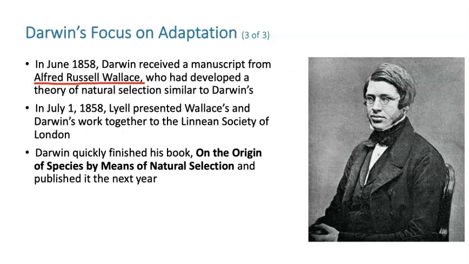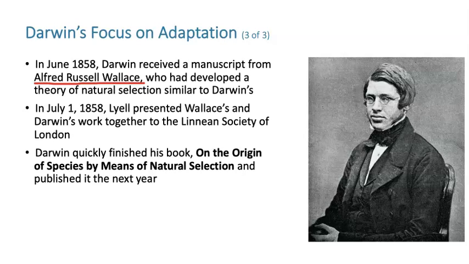So Darwin starts to freak out a little bit, and he goes to Lyell because by this time they're friends, and he says to Lyell, "Hey, there's this guy, this Wallace kid. He has the same idea that I have, and I think it's time to publish this whole thing."